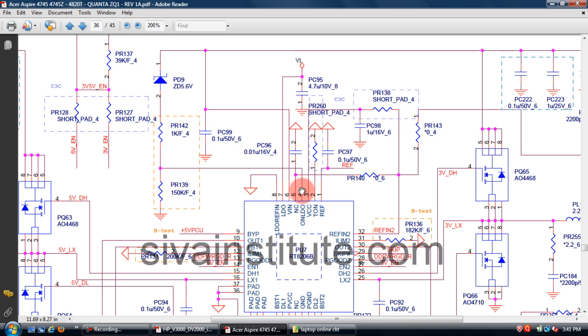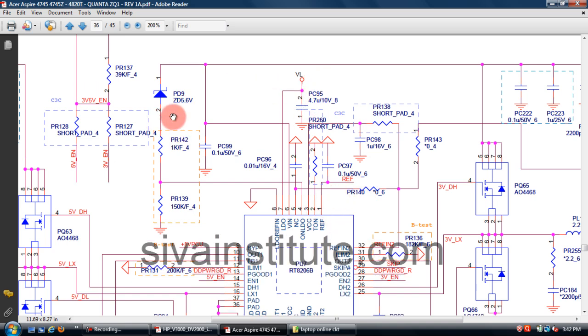When you give voltage to pin number 6 and 4, the output will come out at pin number 7. If there is no output voltage at pin number 7, you should check pin number 5, 6 and pin number 4. When 5 volts is present at pin number 7, this IC is okay.